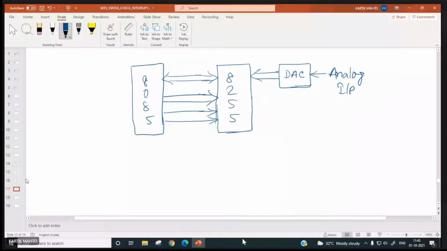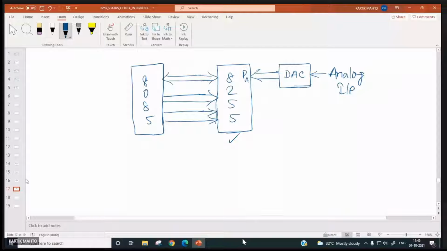Now you know the inside story of the DAC. Now I'm coming to this diagram, because ultimately our goal is to learn how we can interface the DAC with 8085. The answer is that if you want to do this interfacing, you have to go with the help of 8255, and on the 8255 you can select any port and connect your DAC over that. Now the next question is whether this DAC requires any handshake.